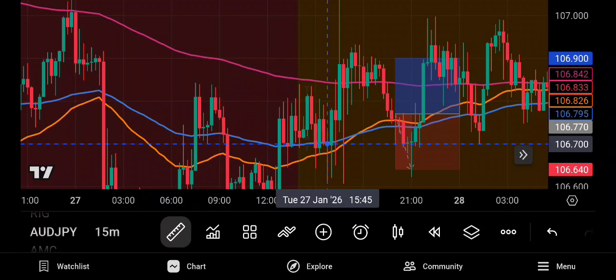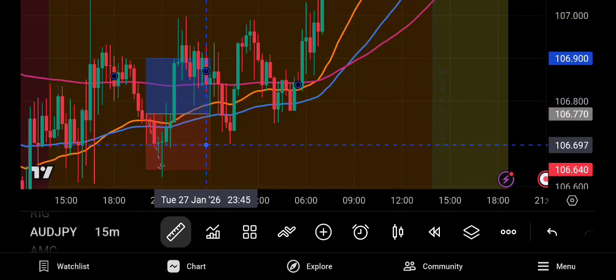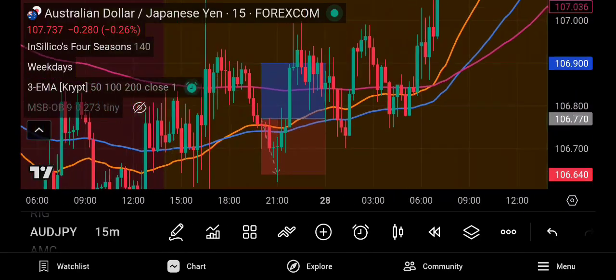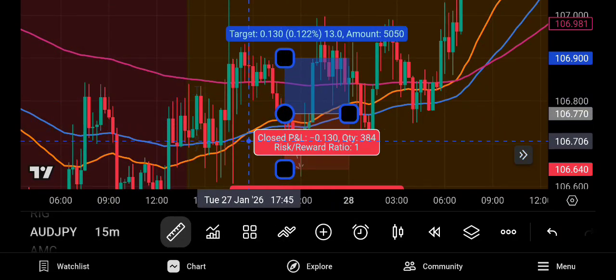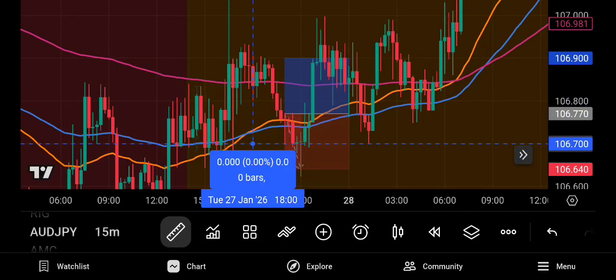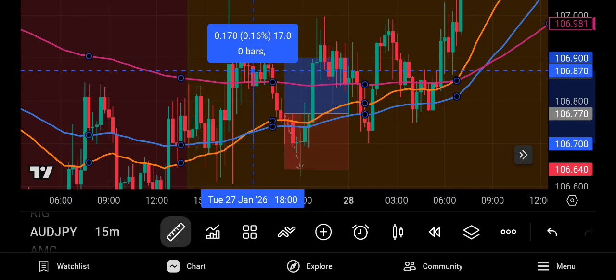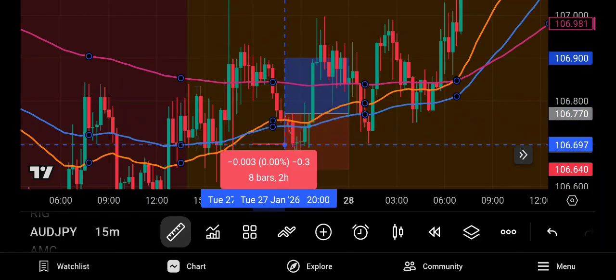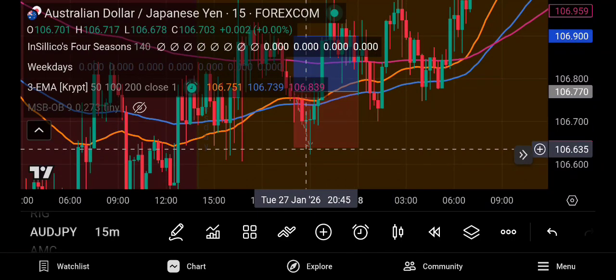But if we take this measuring tool from this bottom area, I took it around here, so I got taken out about 18 pips. However, this trade would have lost regardless, because it ended up going all the way down here, so I would have been taken out regardless.